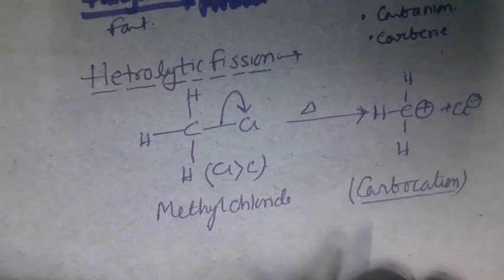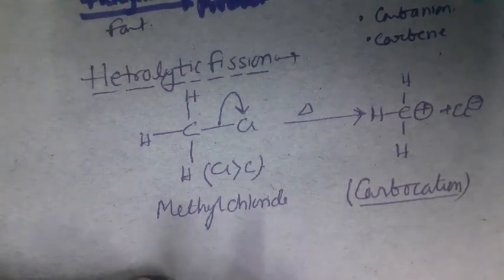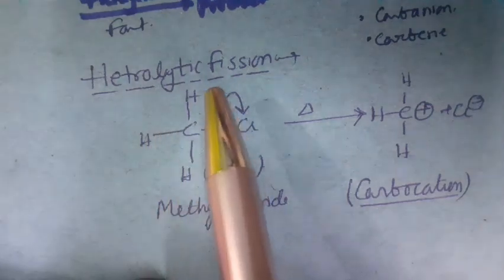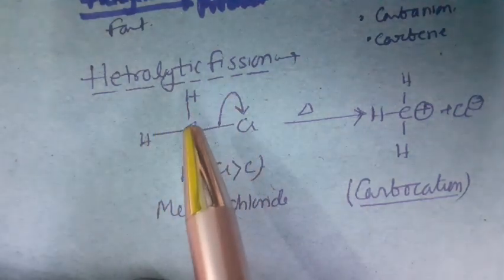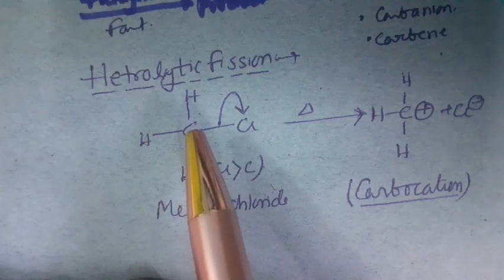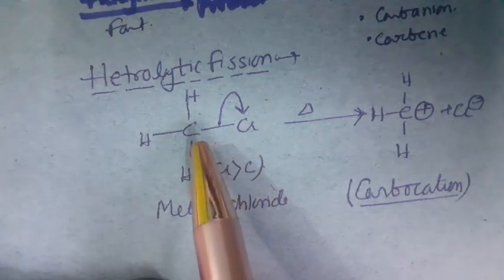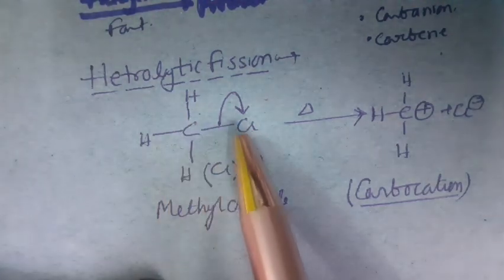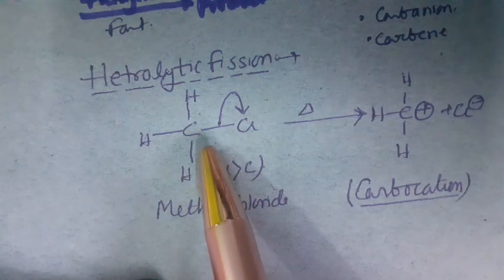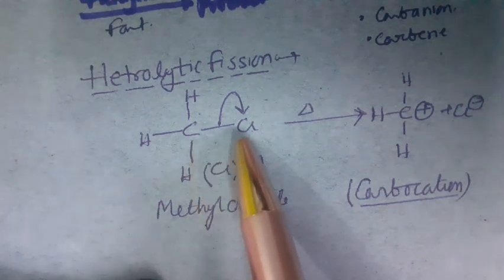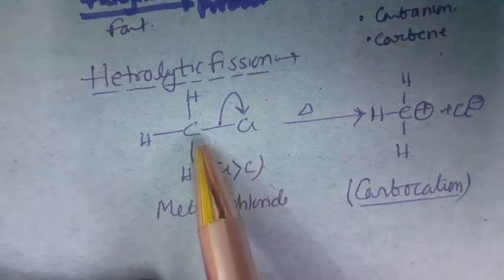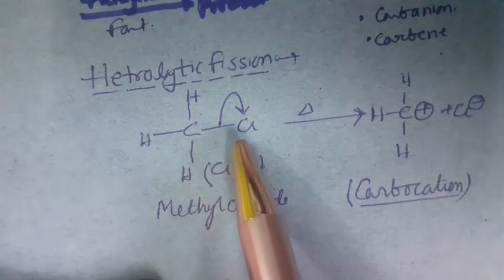There is another type of bond fission which is known as heterolytic bond fission. This is heterolytic bond fission, and this type of bond fission occurs when the electronegativities of the bonded atoms are different. In this example of CH3Cl, methyl chloride, we can see that chlorine is more electronegative as compared to carbon.